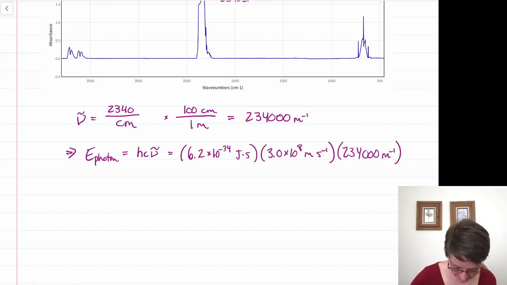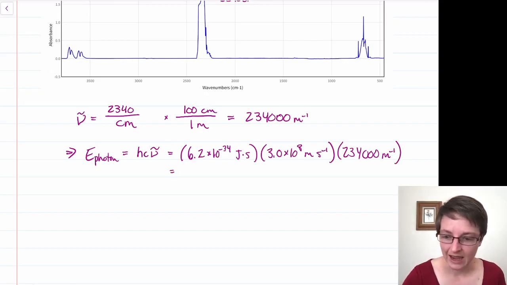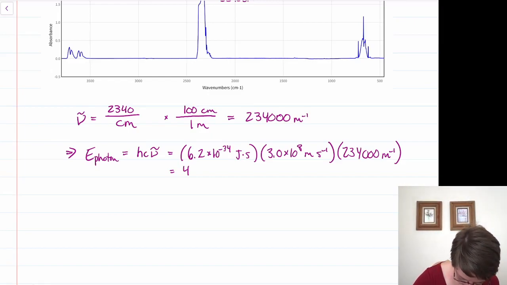So you can see how my units are going to cancel. After I punch these numbers into my calculator, the ultimate result is that I get the energy of this photon to be 4.37 times 10 to the negative 20 joules.